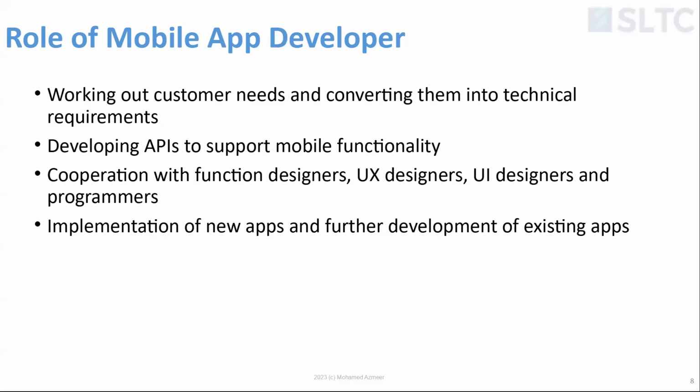Then the third point is cooperation with function designers, UX designers, UI designers. So there are programmers who do programming. Then there are people who understand customer behaviors. Those are called the UX people. And then there are people who actually design the UI. So those are the UI designers, and they work together, right?